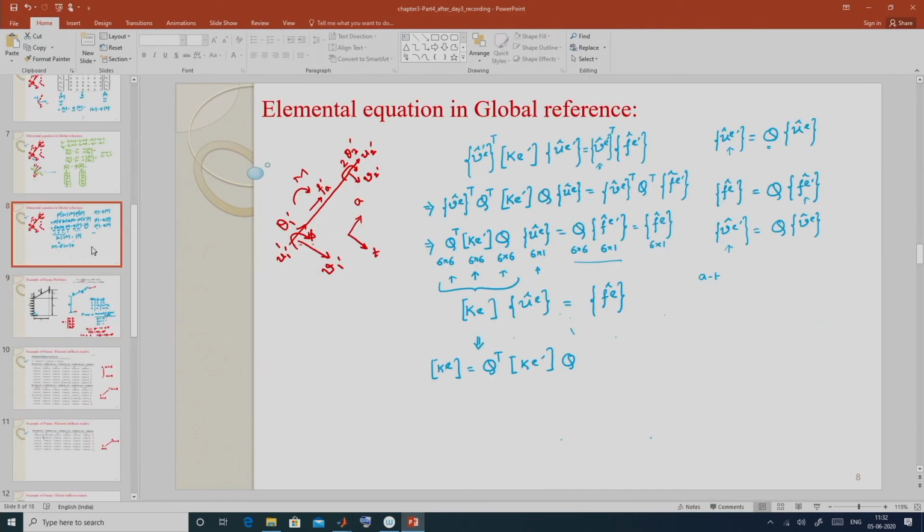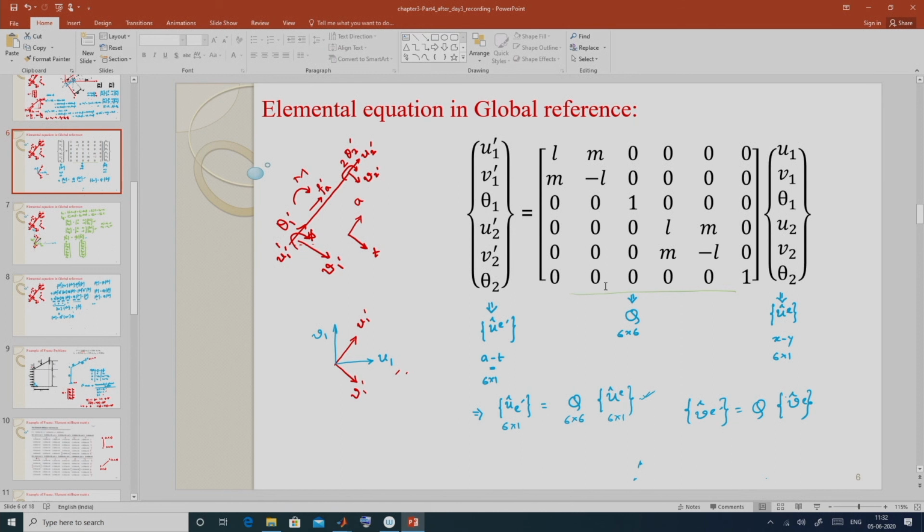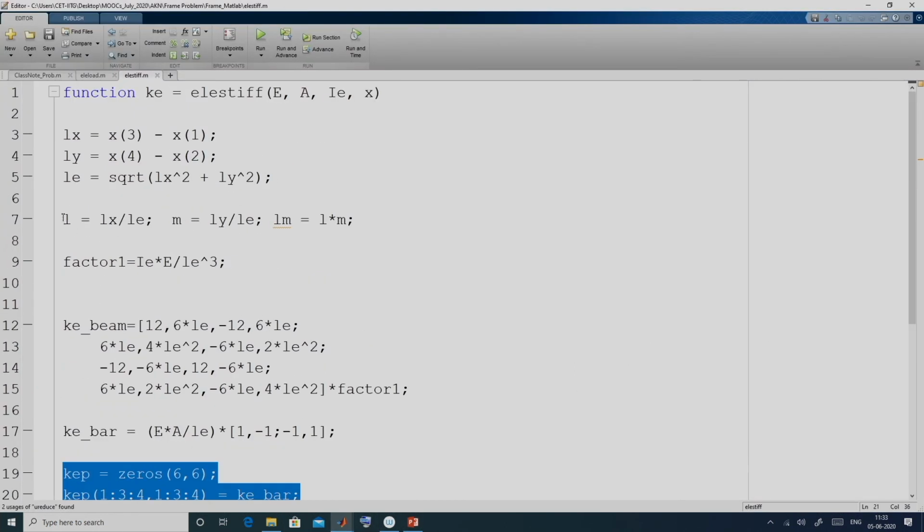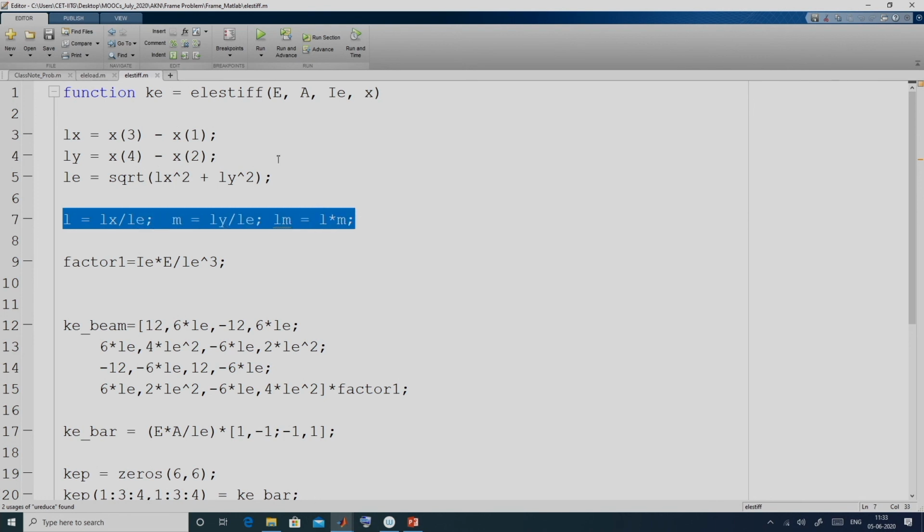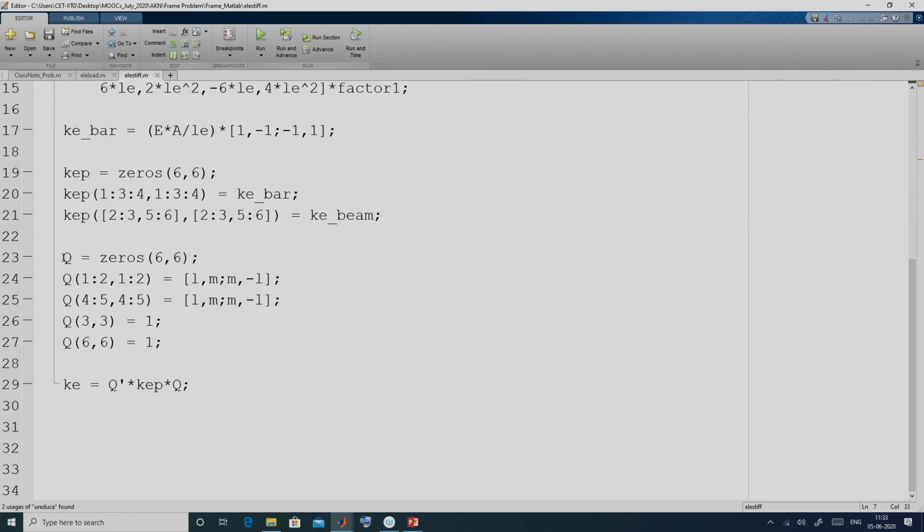After that, with this relation we get the element stiffness matrix in global XY frame. This Q matrix is developed from the coordinates of the two nodes. We calculate this L and M from the coordinates, and after that we construct this Q matrix. Finally, this function returns stiffness matrix Ke, which is element stiffness matrix in global XY frame.